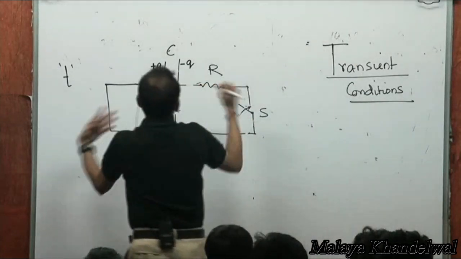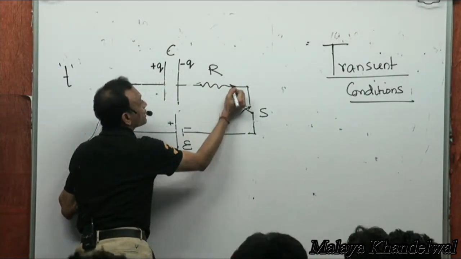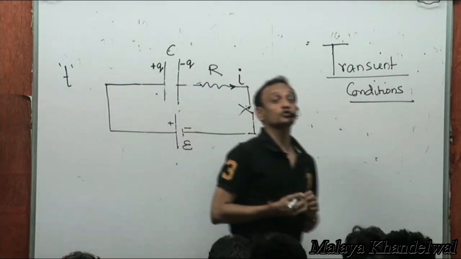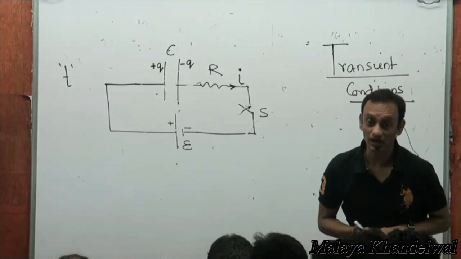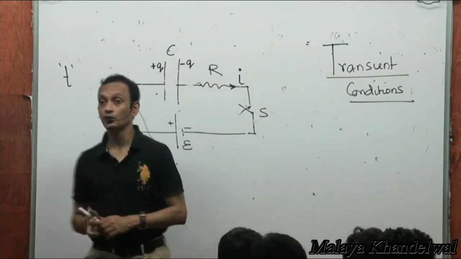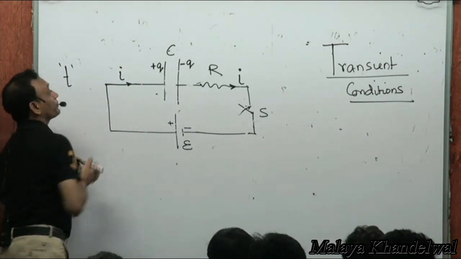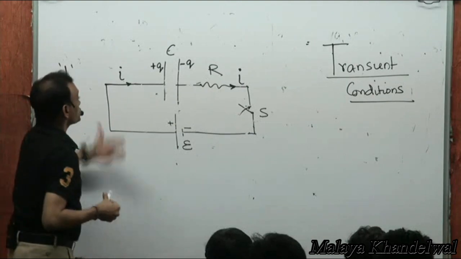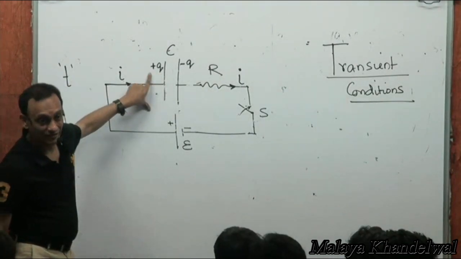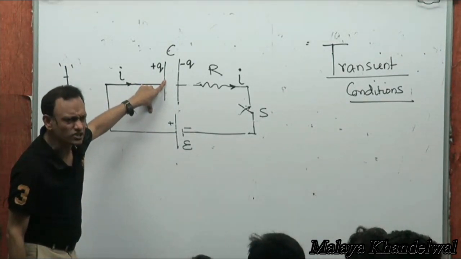And at this instant of time, let's say there is a current I that flows in the loop. Now this I will be a measure of the rate at which this charge accumulates on this plate, yes or no?